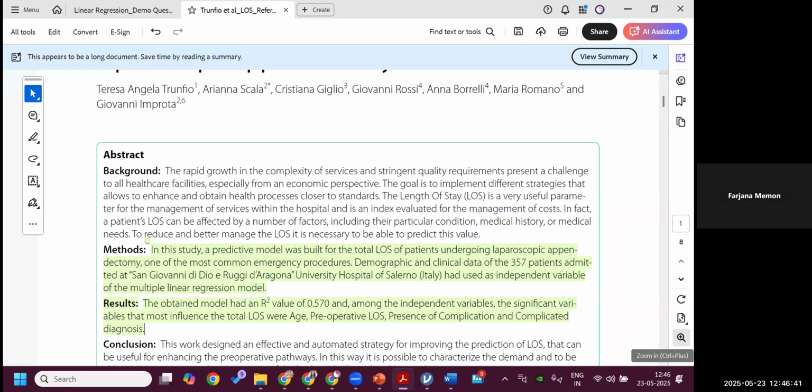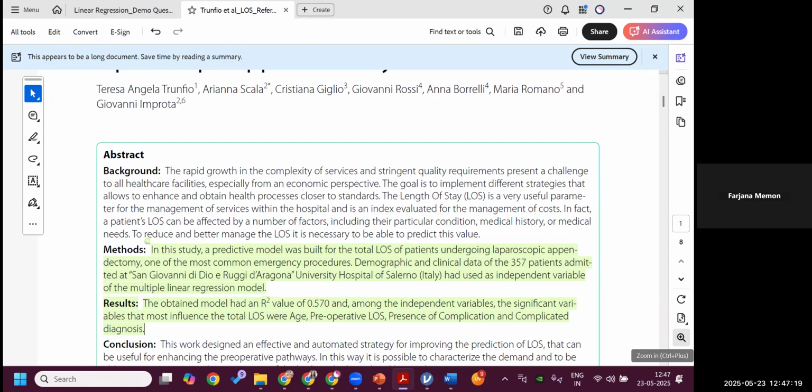Okay. Methods used in this study. In the study, a predictive model was built for the total LOS of patients undergoing laparoscopic appendectomy, one of the most common emergency procedures. Demographic and clinical data of the 357 patients admitted at that particular university hospital of Salerno were used as independent variables of the multiple linear regression model.